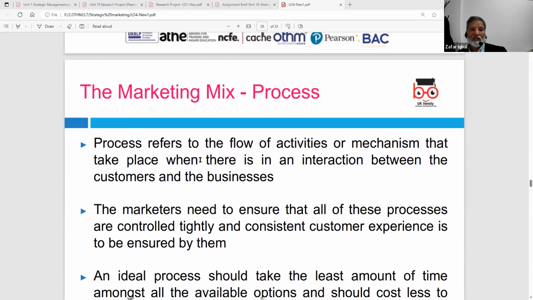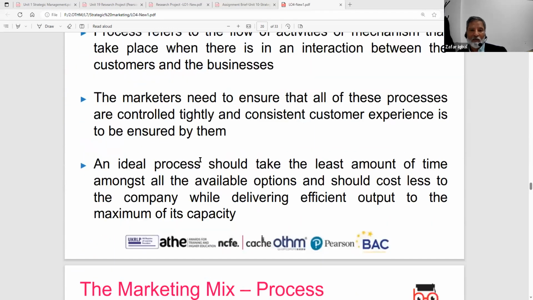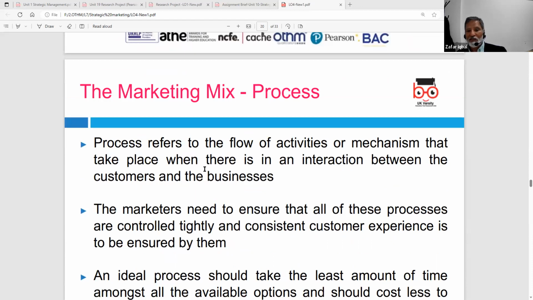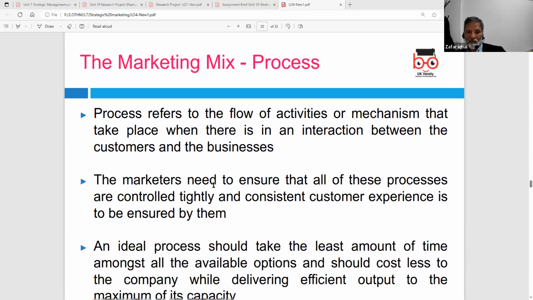Okay, when we're looking at the marketing mix, process refers to a flow of activities that are important to produce the goods and services; it's an interaction between customers and the business. The flow of information, the flow of activities, the mechanisms that take place when there's an interaction between the customers and the business. The processes that go on within that are very important.